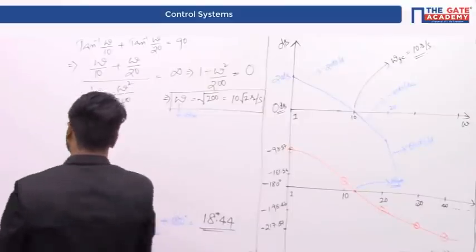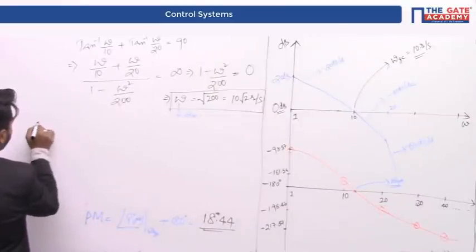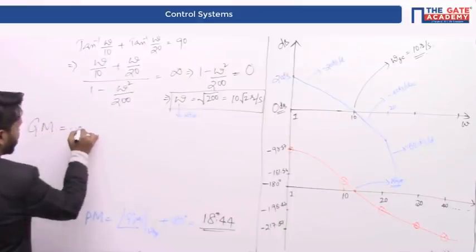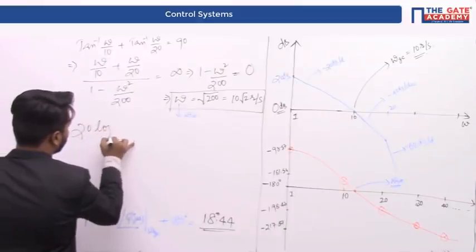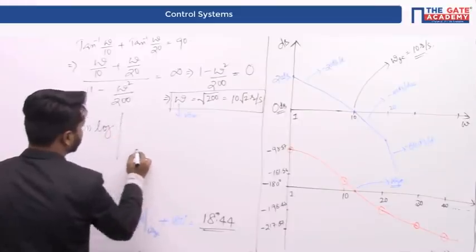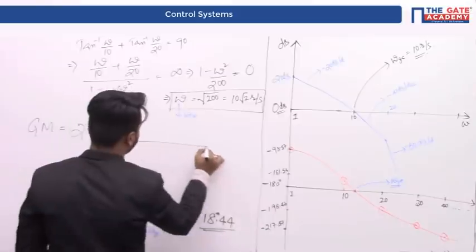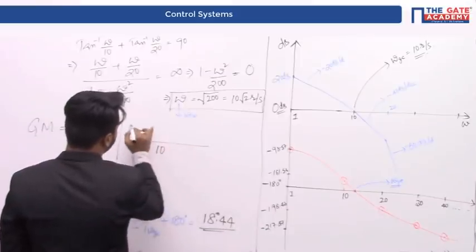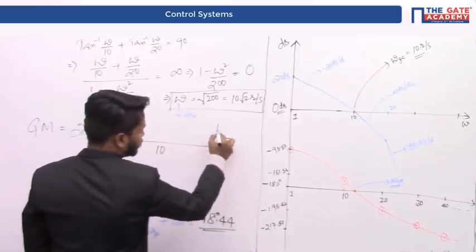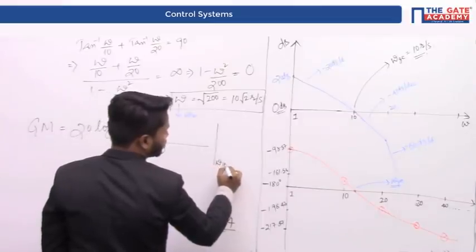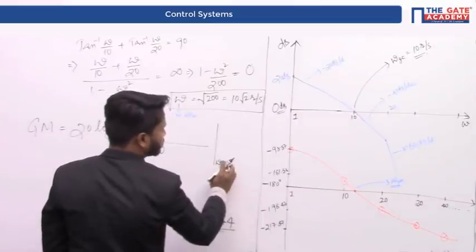Or else you can directly calculate gain margin as 20 log magnitude of inverse of the open loop gain, at omega is equal to omega PC, phase crossover.